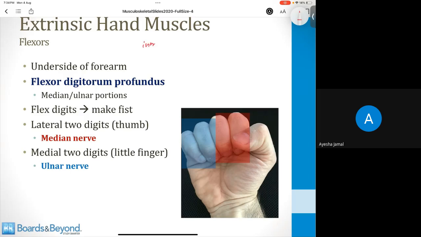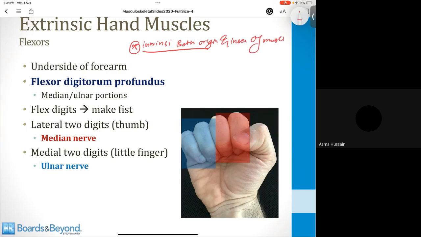Sir, can you please repeat the origin and insertion? Okay. In the intrinsic muscle, both the origin and insertion of the muscles are present within the hand.